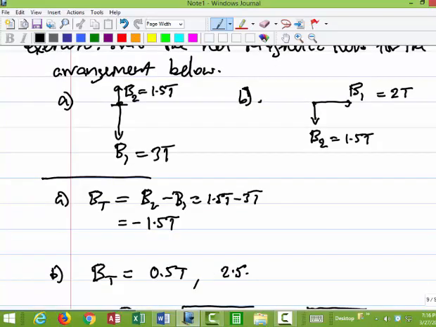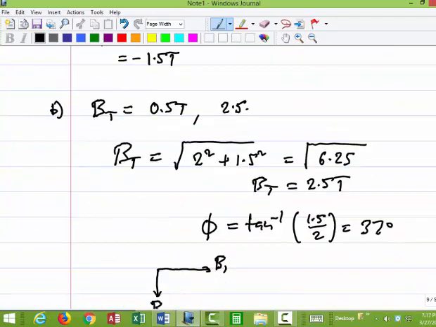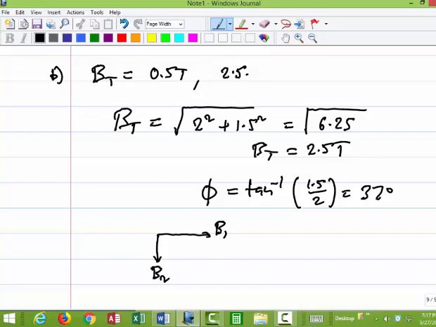So the net is going to be, we can redraw it. This is 2, this is B2, and this is B1. So what we have is a net this way, and this angle is phi. This is your net magnetic field, BT.